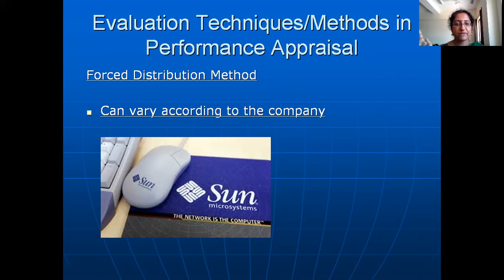But if the employee chooses to stay with the company and improve themselves, again in 3 months when performance appraisal is conducted and they're again in the bottom 10%, this time they will be asked to leave without a severance pay. This is the way in which Sun Microsystems implements its forced distribution method in terms of terminating the employees.